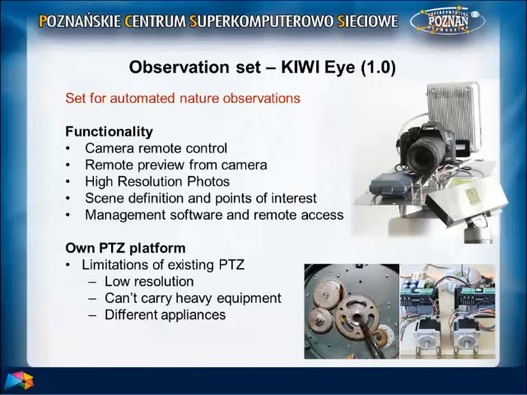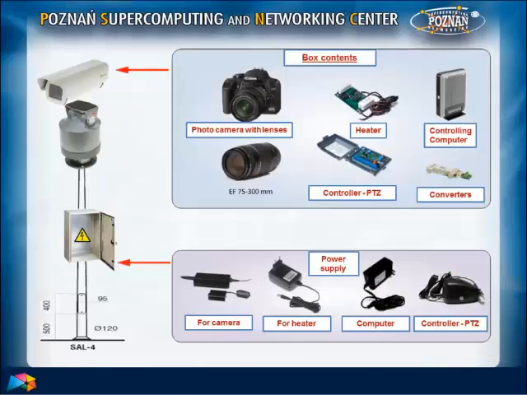For example, lower resolution of movement, or problems in carrying heavy equipment such as computers, cameras and so on, and of course different appliances. Our colleagues had some specialized appliances for their hardware, so it was necessary to build a pan tilt zoom platform from scratch from some ready elements.